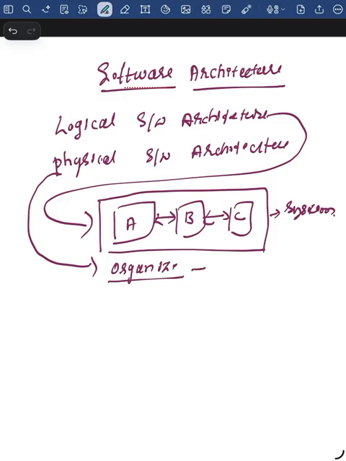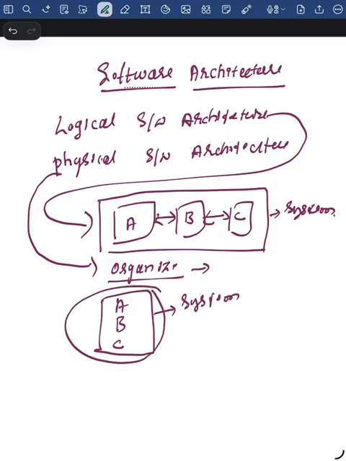When we say we are organizing them, what does it lead to? Architectural patterns. The way we organize all our software components: whether I am going to put A, B, C in a single system, all grouped together, then this is monolithic architecture.